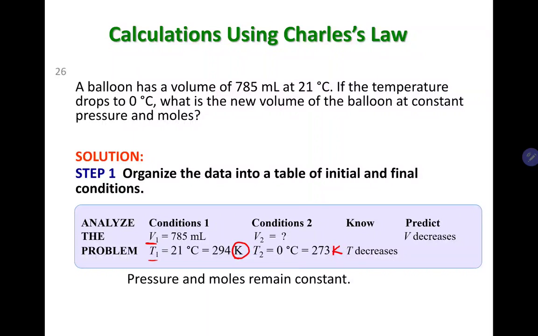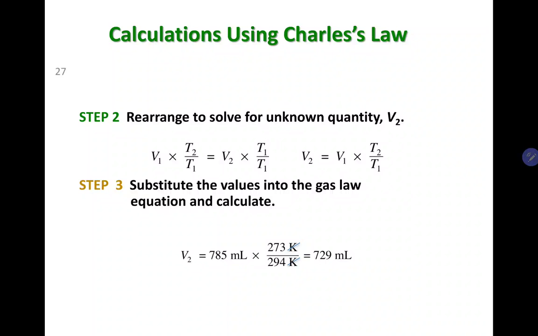V2 is missing, and we have to figure out V2. To do that, first of all, you need to rewrite this equation as a function of V2. Here is the same equation in Charles' law as a function of V2, then plug in the knowns, and you will get your answer in milliliters.